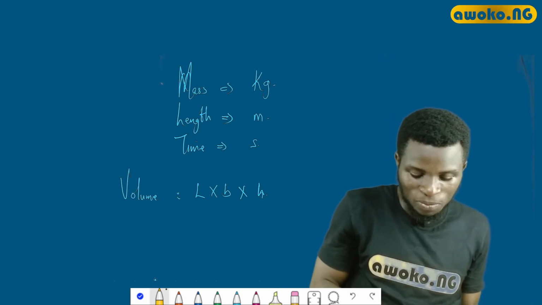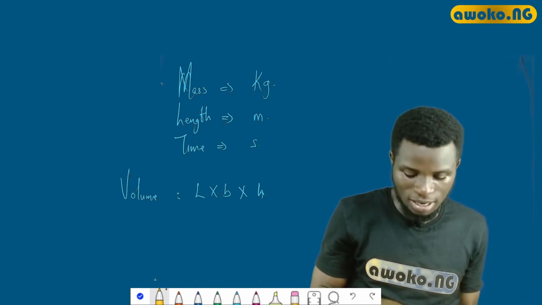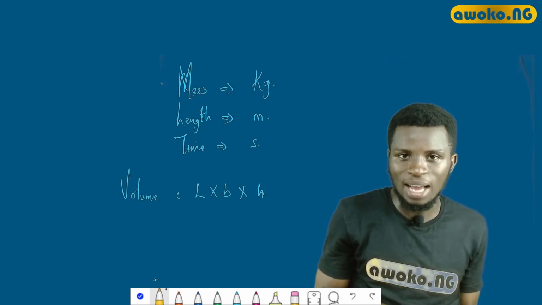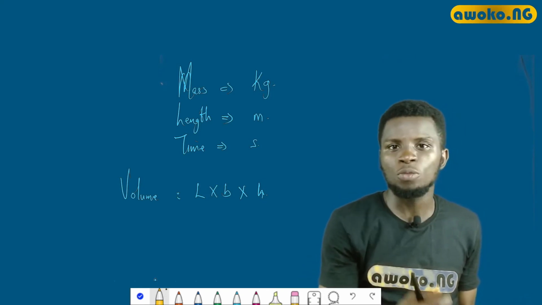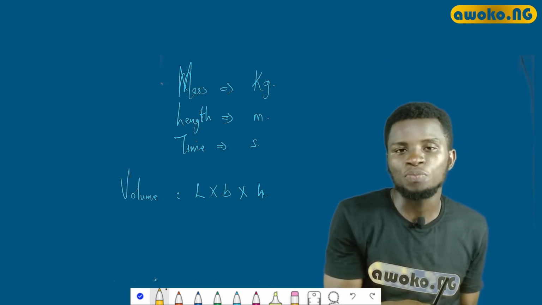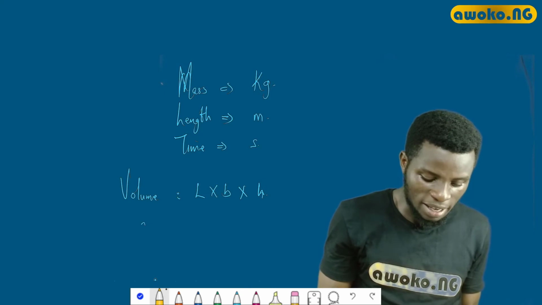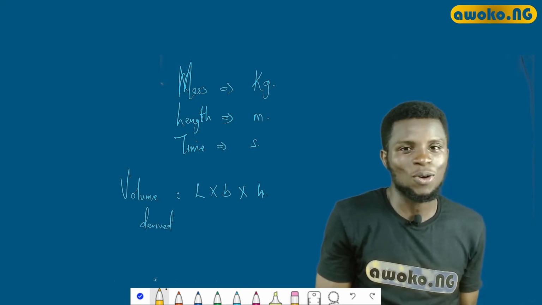Do you understand? Length measures distance, breadth measures distance, and height measures distance. That shows us what the volume of a particular object is, and volume is said to be a derived quantity based on these conditions.